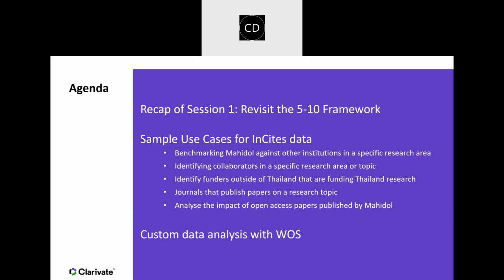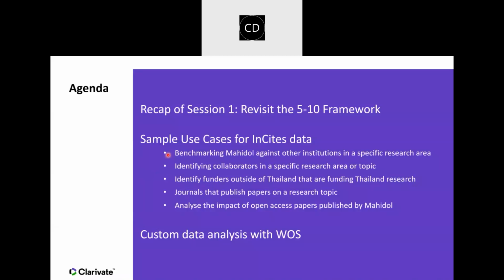Once we have done the recap, we will go into the sample use cases for InCites, and how you can use InCites data to address some of these questions. One thing to take note of is that InCites use cases are limitless. There are many ways of using the data. It all depends on what question or analysis you require. These are just 5 that I have shortlisted for today's walkthrough.